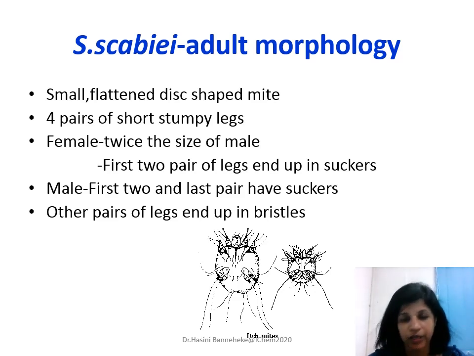Okay, so the female have suckers in the first two pairs of legs, whereas the male has first two pairs, and in addition, the last pair also has suckers. So the rest of the pairs, which do not end with suckers, end with bristles.